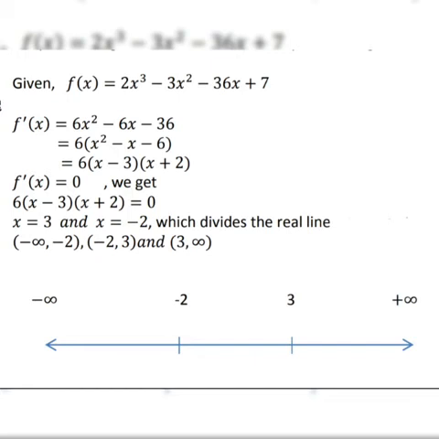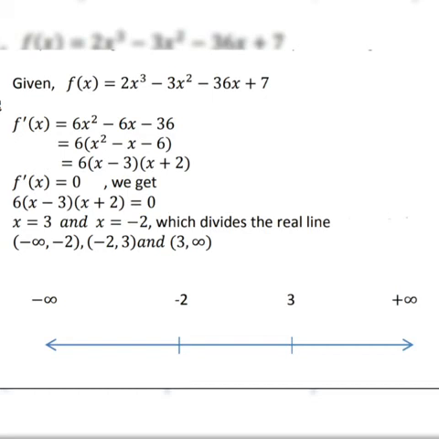Now we can understand that whenever you have a maximum value and whenever you have a minimum value on the graph, then f prime of x must be equal to 0. Because at those points on the graph, the tangents will be parallel to the x-axis.